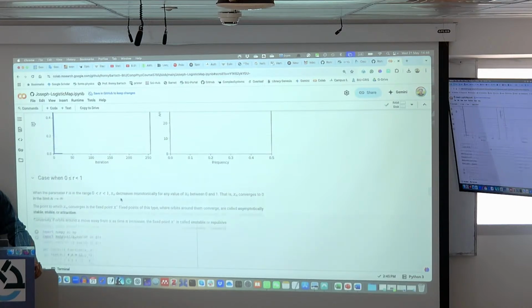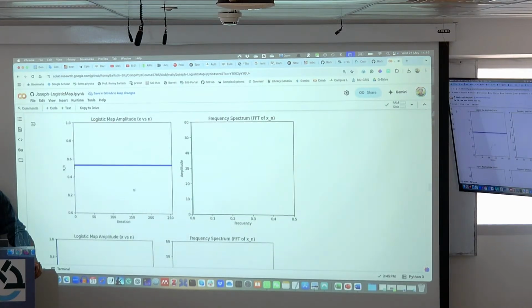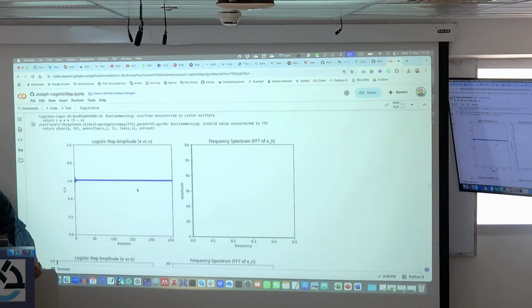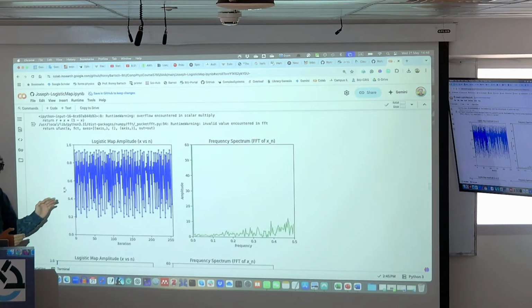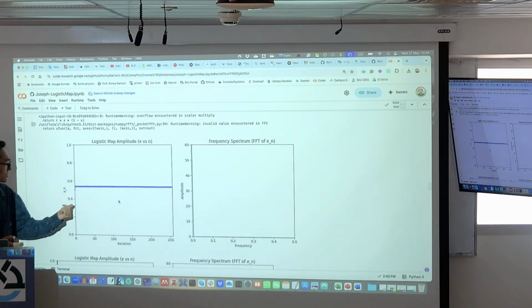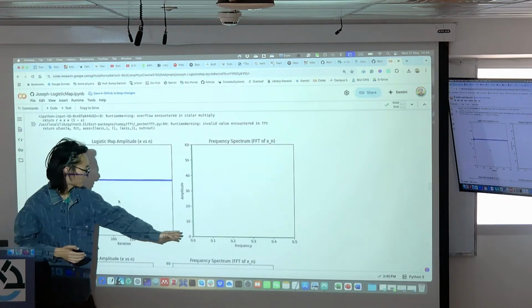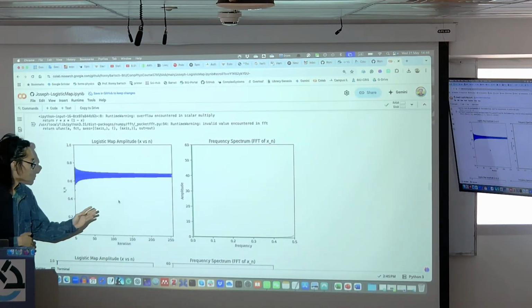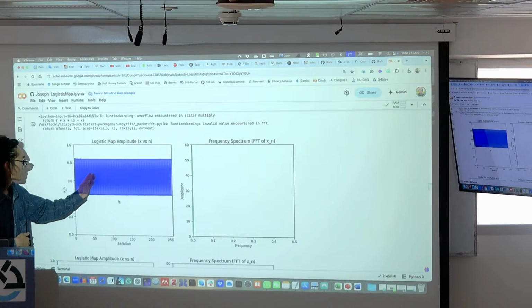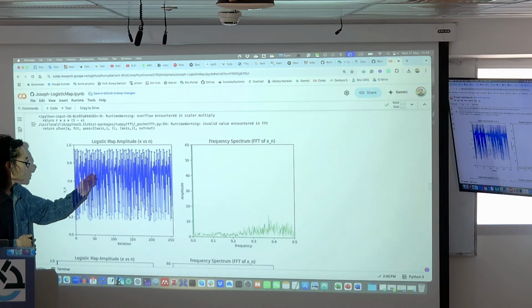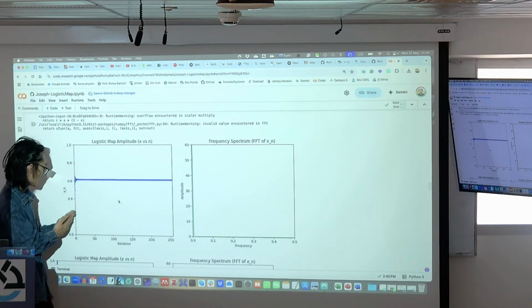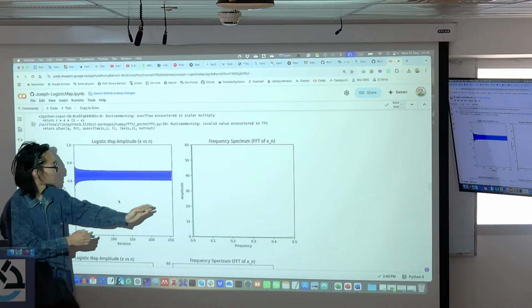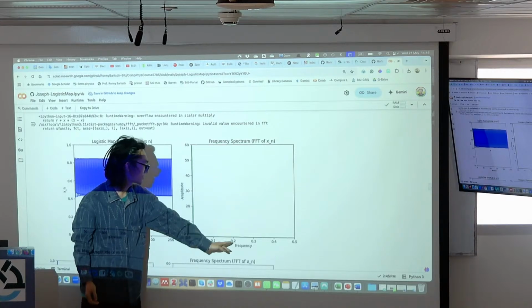This shows how the logistic map from one phase space affects another phase space, making the chaos spread from the Xn and R space to the frequency spectrum FFT space.